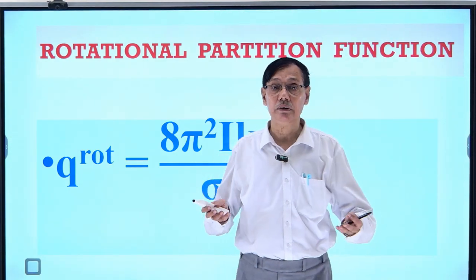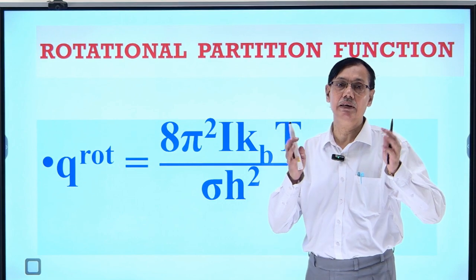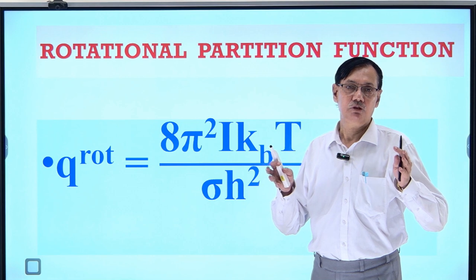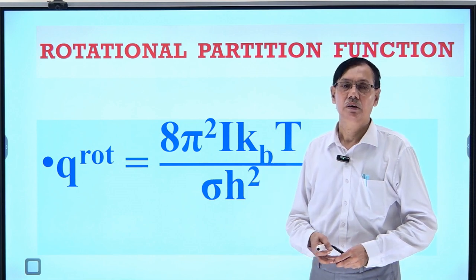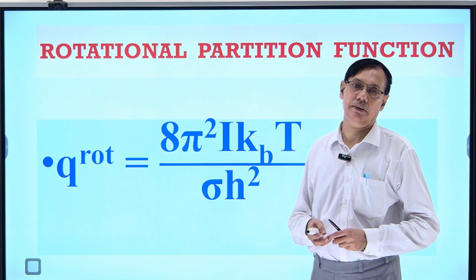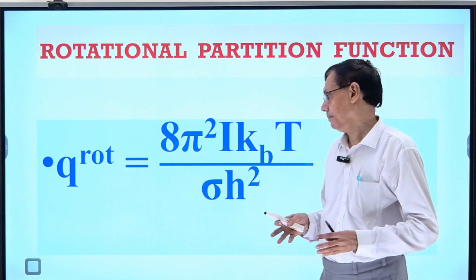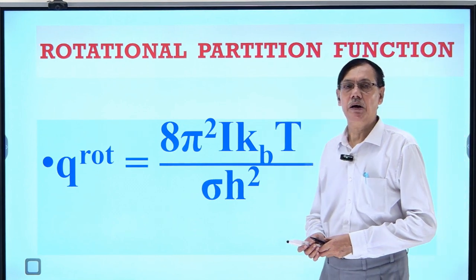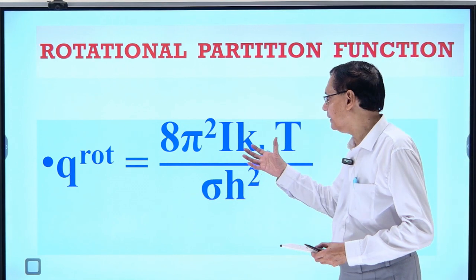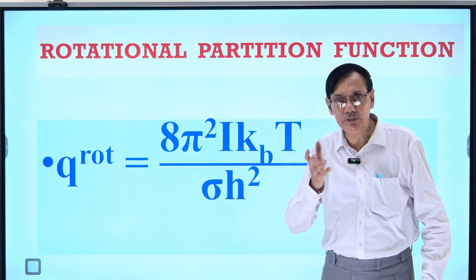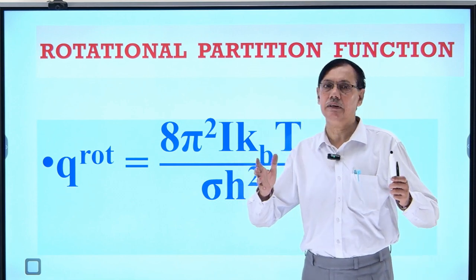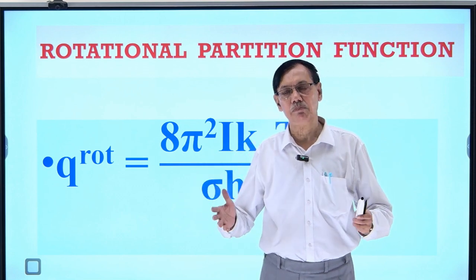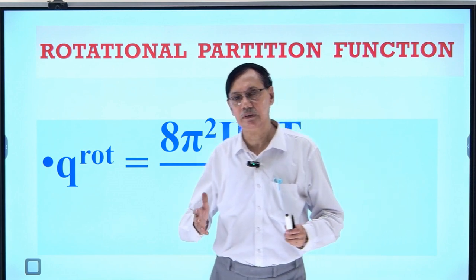As you know, when you start any topic, it is my style that I first tell you the formula of the rotational partition function. Of course, I will derive this whole rotational partition function, but this is the final formula, and the name itself is a definition, because when we taught you the translational partition function, that was related to the translational motion.